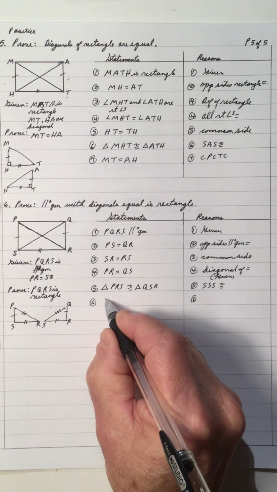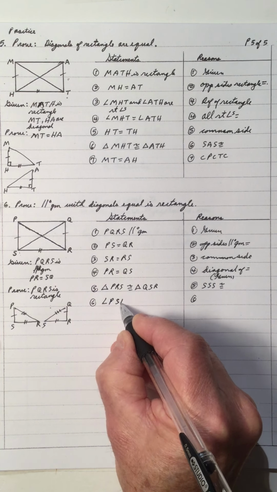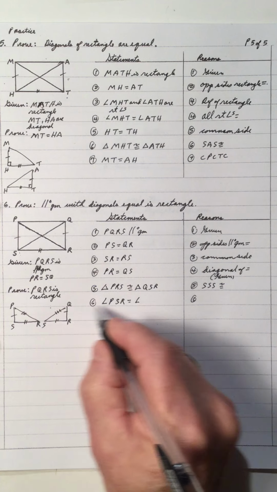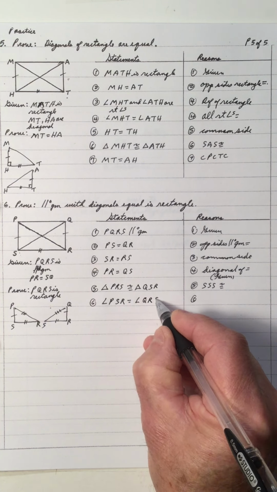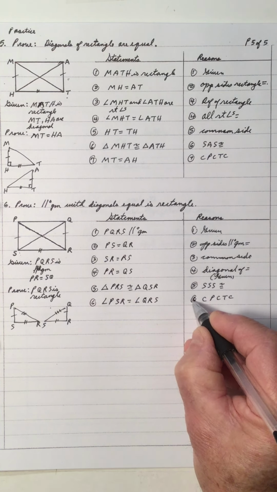So that means we have the angle PSR is equal to the angle QRS, CPCTC.